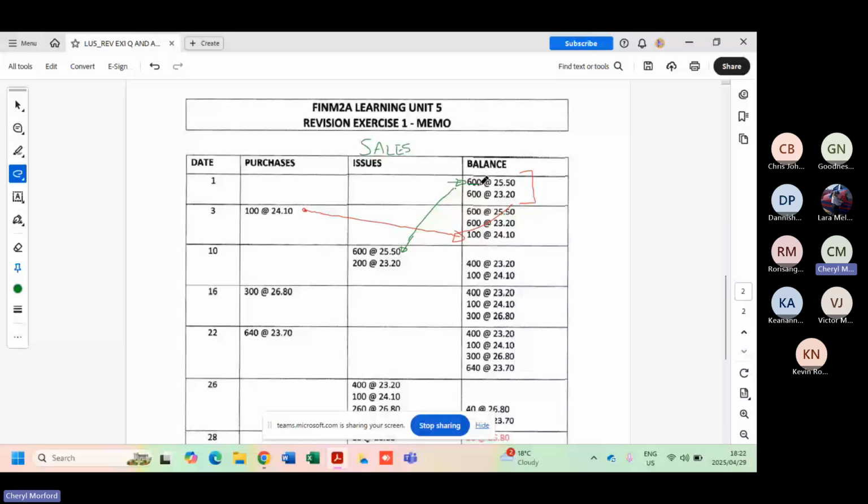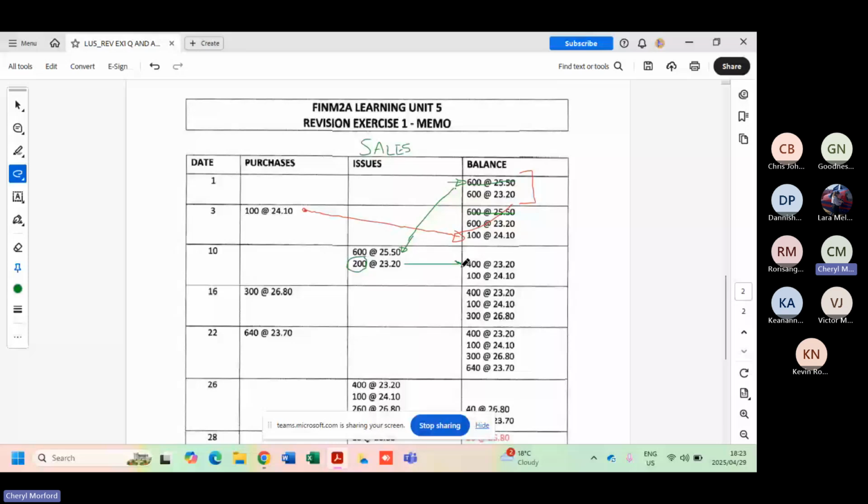However, the sales were 800. So what we're going to do is come next on the list, because that one is gone. We see we still have another batch of 600, but it's valued at 23.20. So to make up that 800, I require another 200. So 200 will be coming out of the second batch. And if that batch originally had 600 in it, if we've sold 200, how many are left?